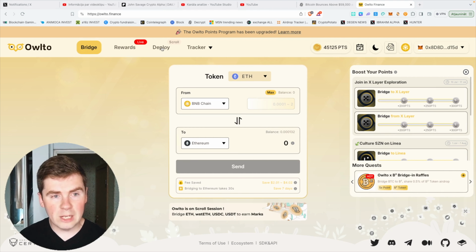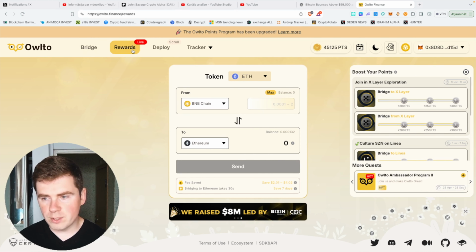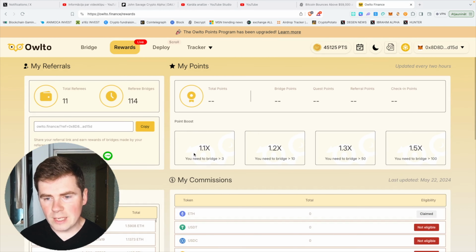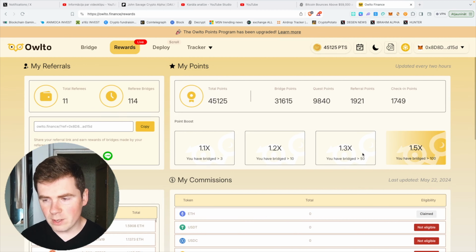The second alpha about this tool is that you are qualifying for an airdrop after you do some bridges. Right here you can see rewards. If you bridge more than 3 times, you will get a 1.1x multiplier. More than 10 bridges, 1.2x multiplier, and so on.